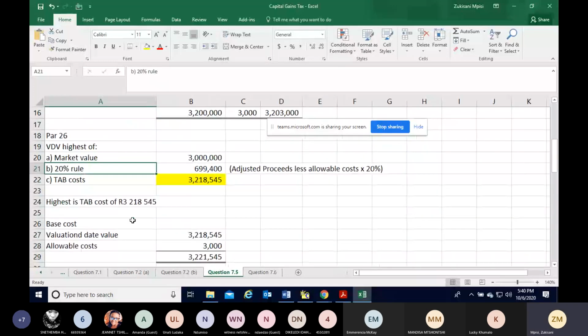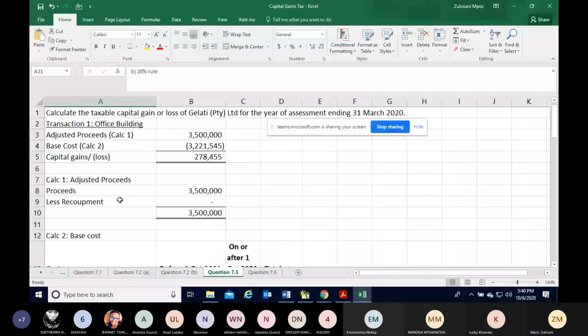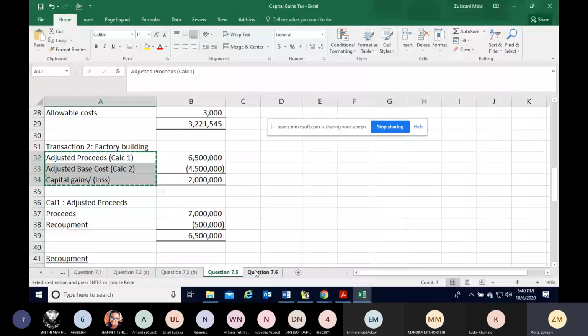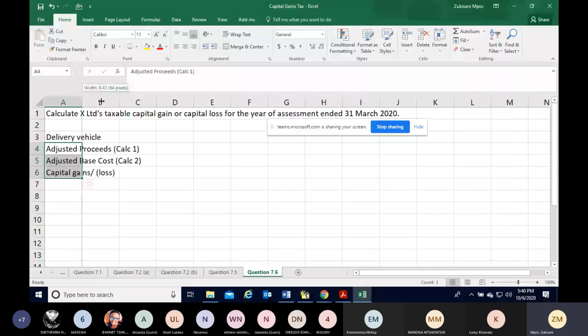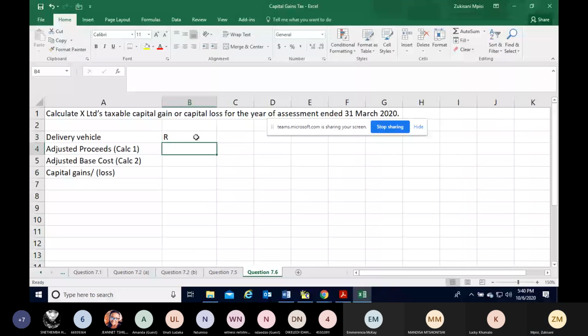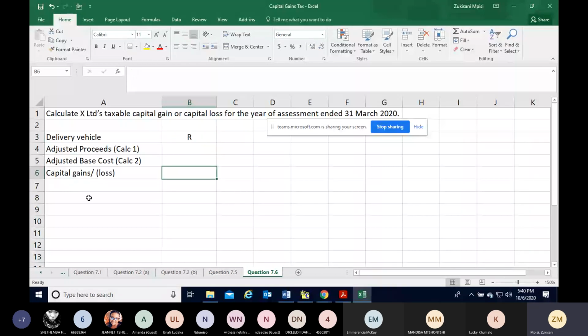I'm going to quickly copy the formulas so that I don't need to retype them all over again. So we're dealing with calculation one, adjusted proceeds.